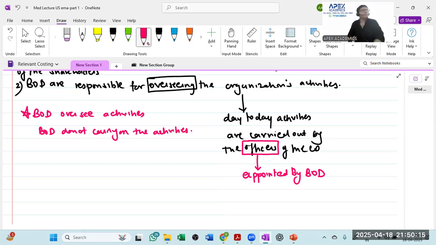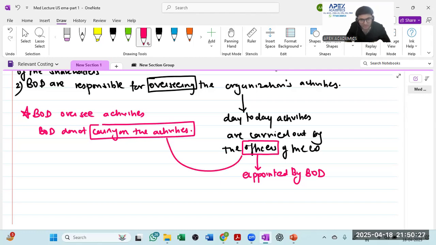Agreed or disagreed? Please tell me. Sir, BOD oversee the activities. Sir, BOD do not carry on the activities. Sir, who carries on the activities of the company? Sir, the officers carry on the activities of the company. Agreed or disagreed? Please tell me that.